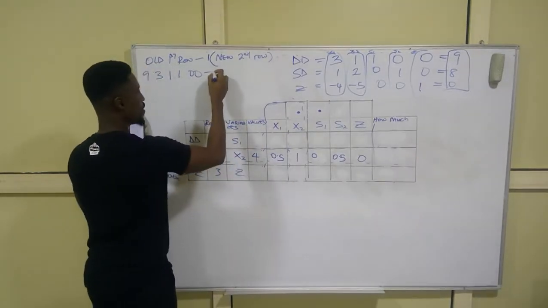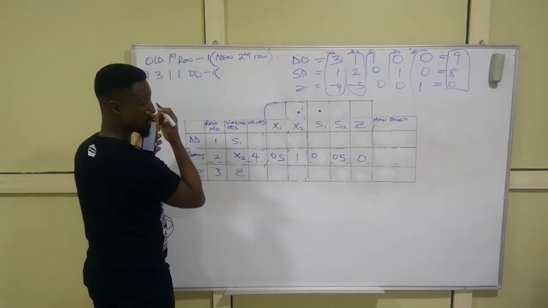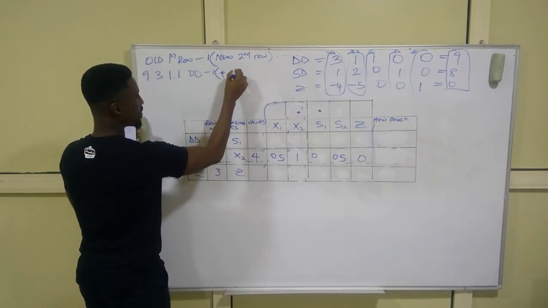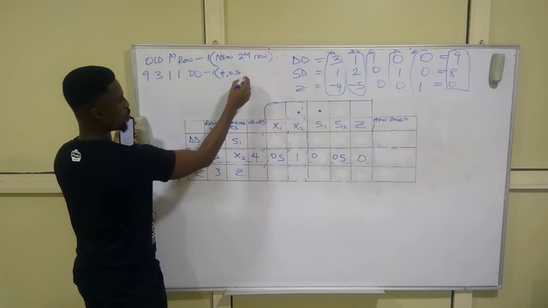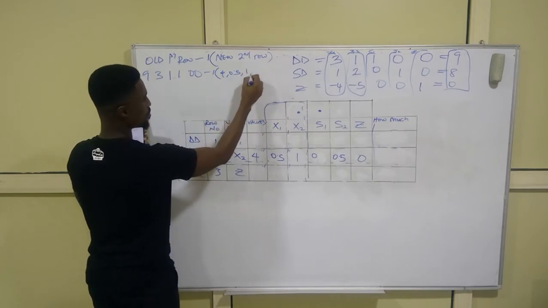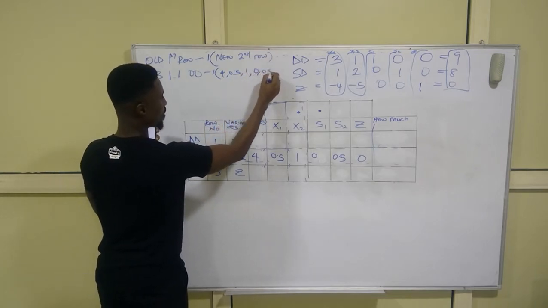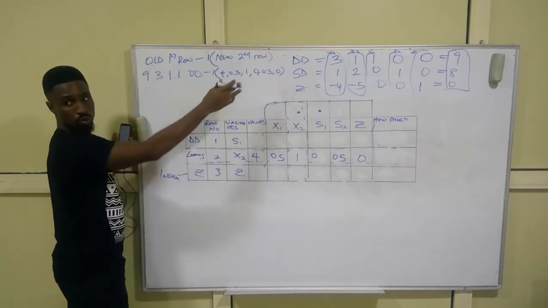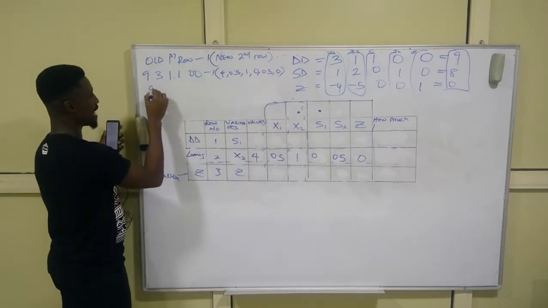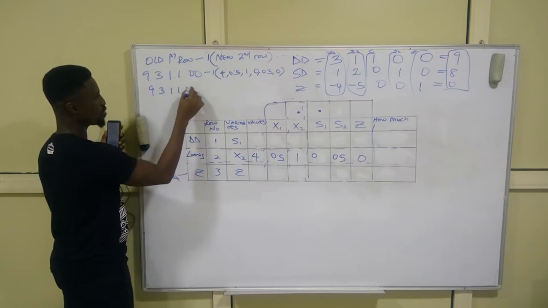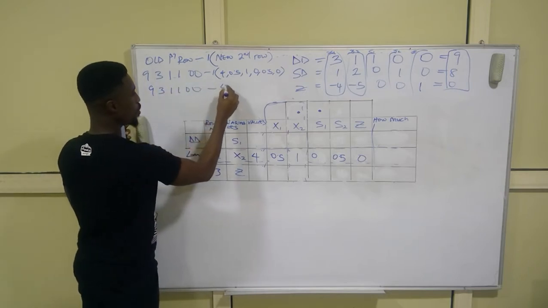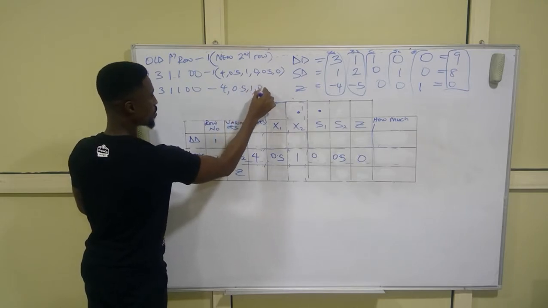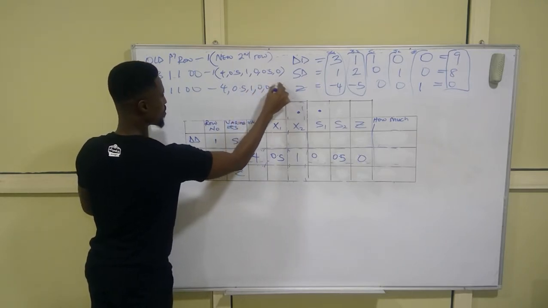So if you say 1, let's just put it for clarification, 1 multiplied by 4, 0.5, 1, 0, 0.5, and 0. So it still gives you the same thing, right? Because anything multiplied by 1 is itself. So indirectly what we have is 9, 3, 1, 1, 0, 0, minus 4, 0.5, 1, 0, 0.5, 0.